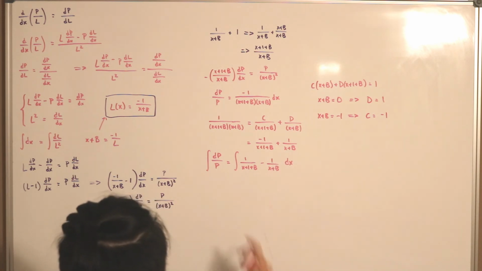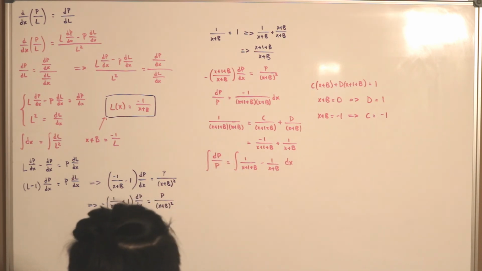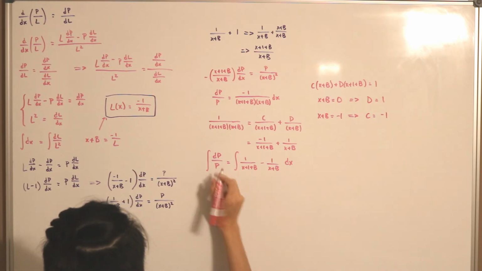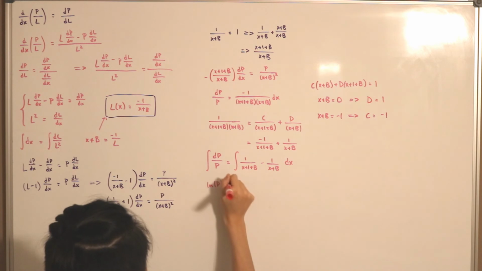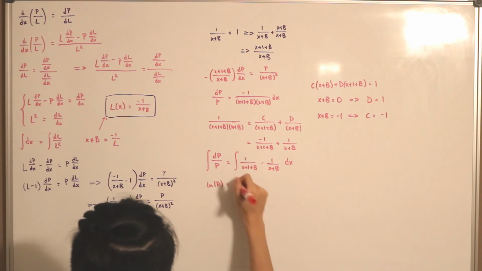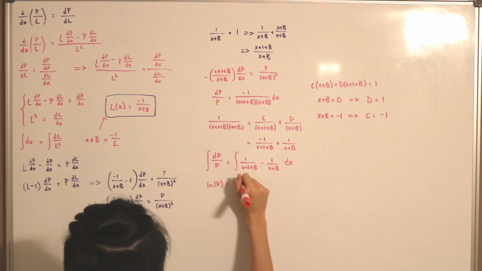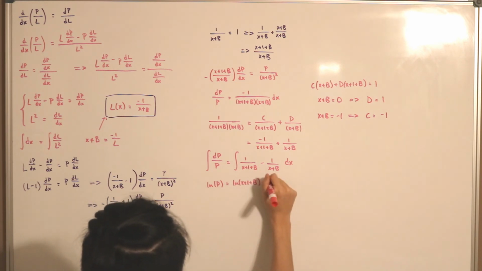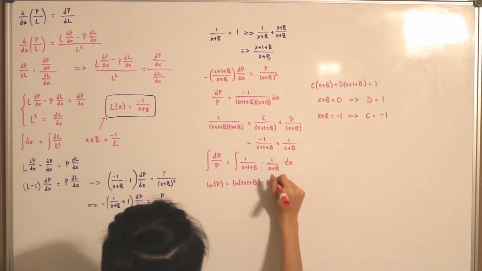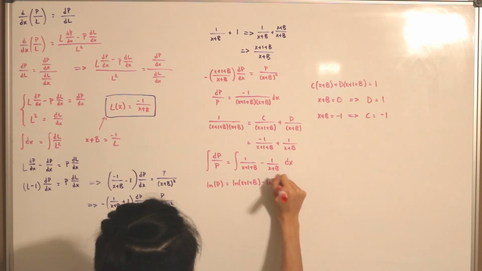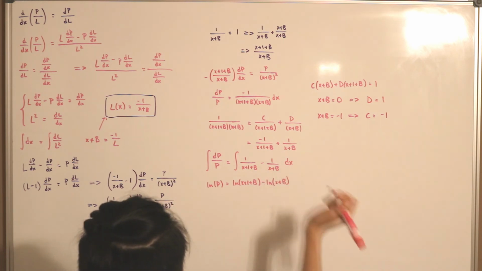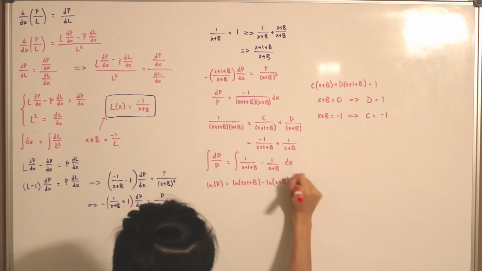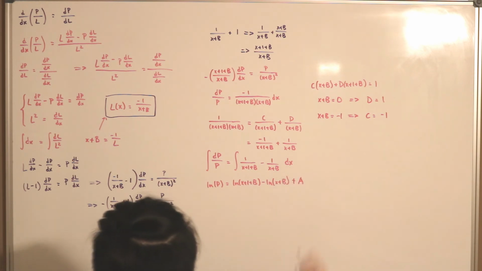So simply 1 over p is just ln of p, and then equal to ln of x plus 1 plus b, then minus ln of x plus b. Okay, and then plus some constant a in this case.